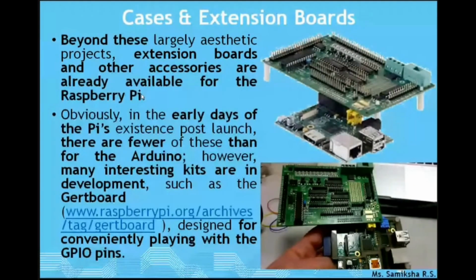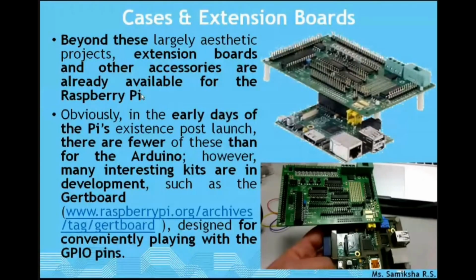So after that Raspberry Pi casing, now we will move to the extension board. So those casings were for the aesthetic look, that means for the good look and feel and for the protection. But beyond those, we also have these type of extension boards and they are available for interfacing with Raspberry Pi. Now what these interfacing boards or these extension boards are helping us to do.